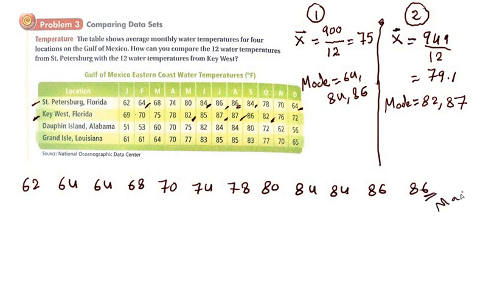The maximum is 86 and the minimum is 62. To find the median, again we cancel values to get 1 or 2 values in the middle. The median of this set of values is 76, or Q2, the second quartile. The first quartile is 66, and the third quartile is 84.